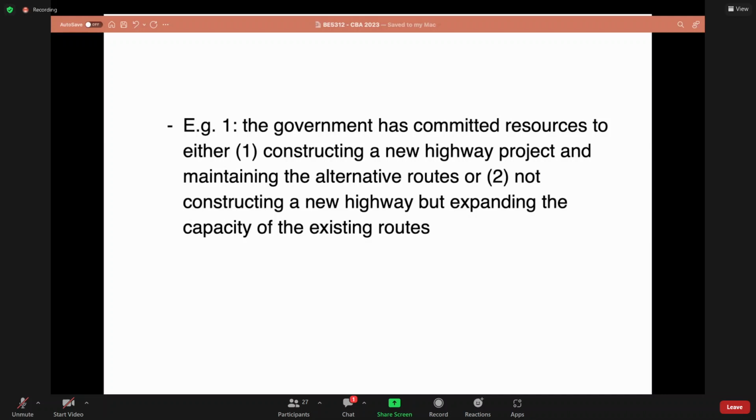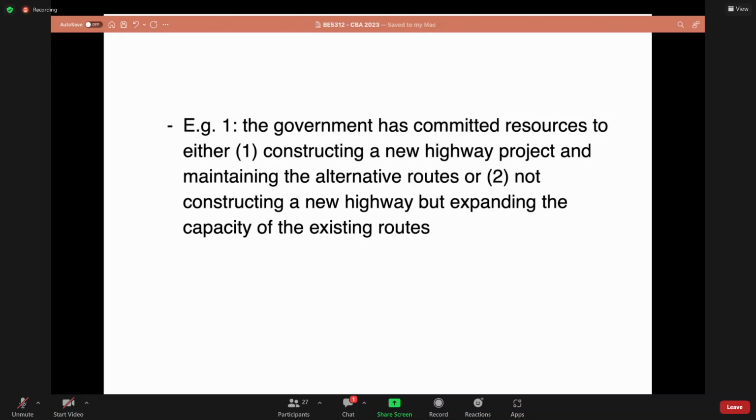Your options are either you can construct a new highway project and maintain the alternative routes, or you cannot construct the highway, but you can expand the capacity of the existing road. If you don't undertake the project, you still can't do nothing because the capacity of the existing system might not be sufficient. So the minimum that you have to do would be to expand the capacity of the existing road system.